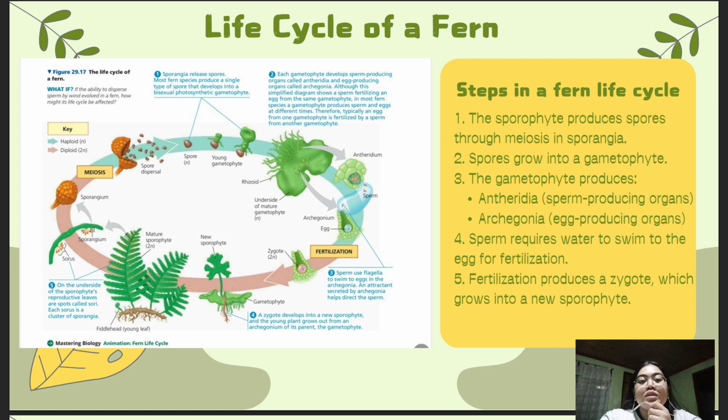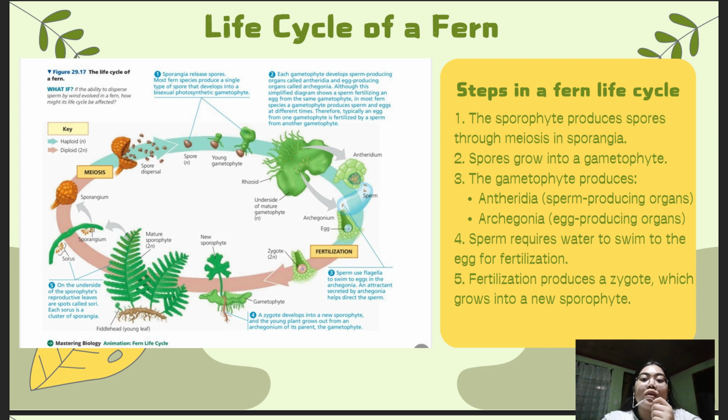First, spores are produced by the sporophyte through meiosis in the sporangium. Spores are tiny single-celled reproductive units produced by seedless plants to reproduce, while sporangia are microscopic specialized reproductive structures found in plants that produce spores. Second, spores will then turn into a gametophyte, which produces haploid male and female reproductive cells called antheridia and archegonia.